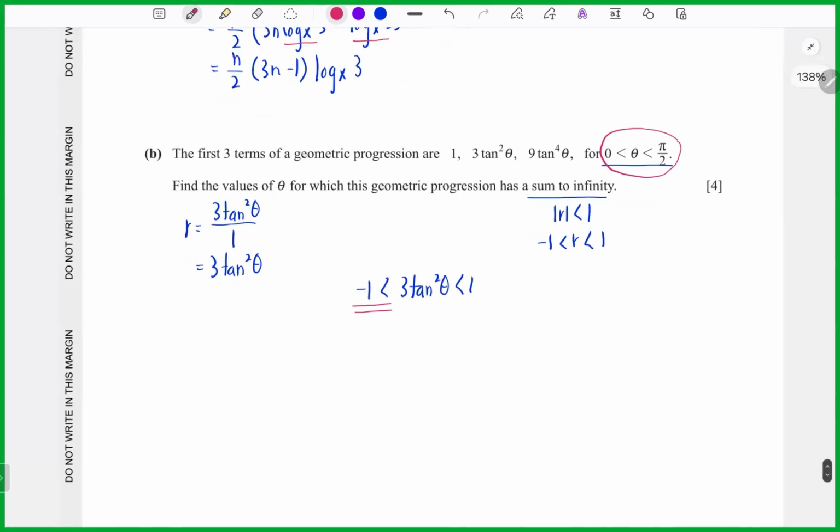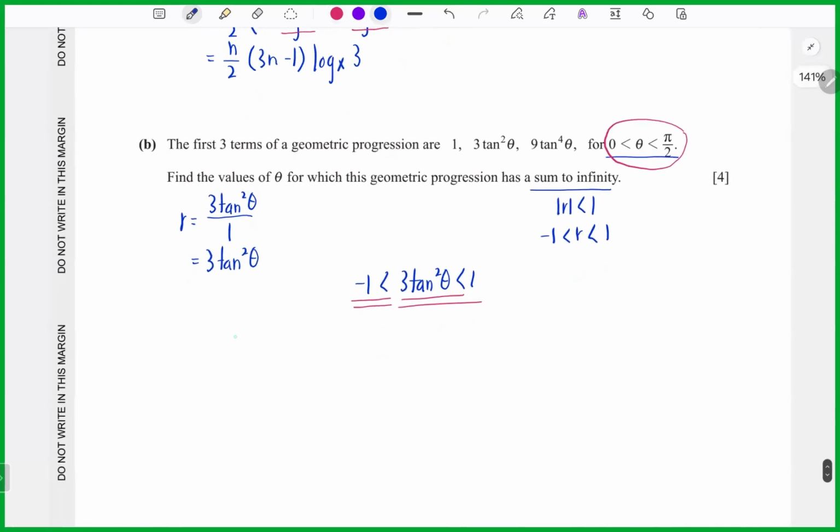So I just focus on this part. So we can take 3 tan squared equals 1. Tan squared equals 1 over 3. Tan theta equals plus or minus 1 over square root 3.